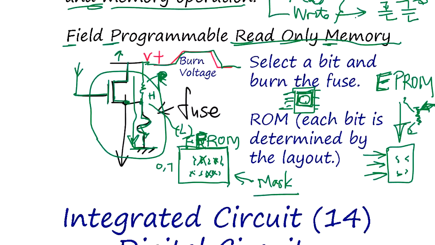But if you want to change the contents, you remove the sticker and expose it to high intensity light, then the entire chip's programming is erased and you can reuse it. This kind of device is often used.